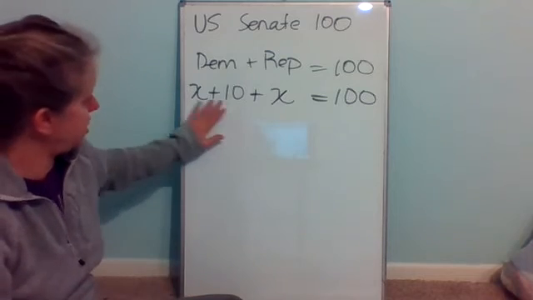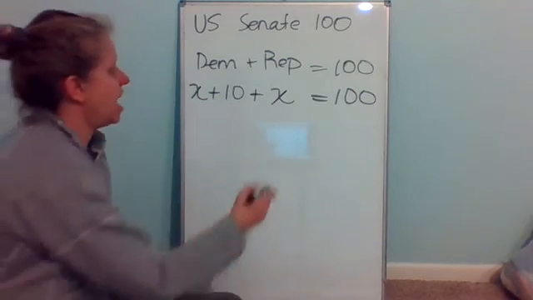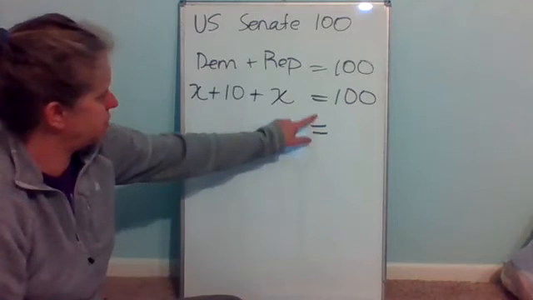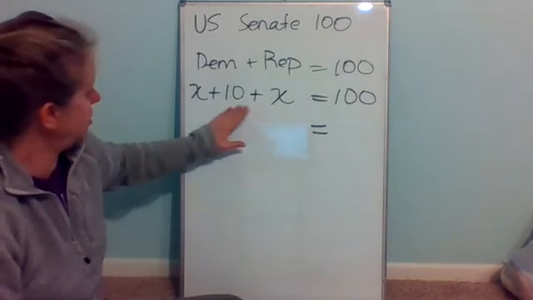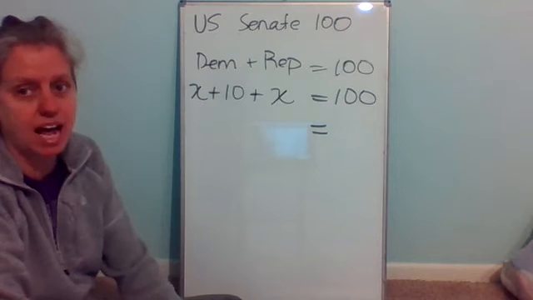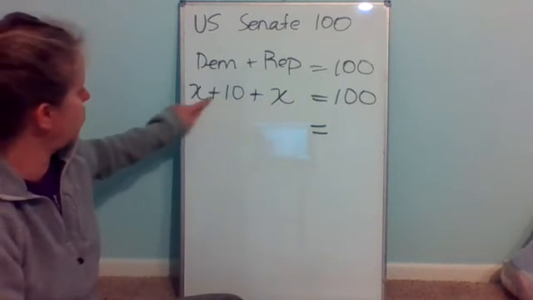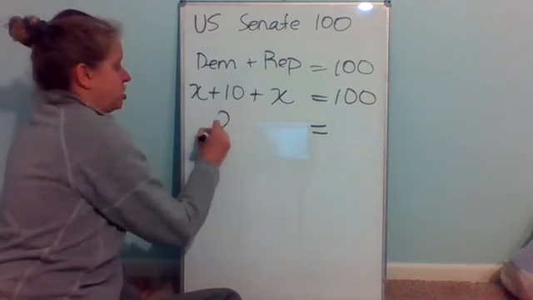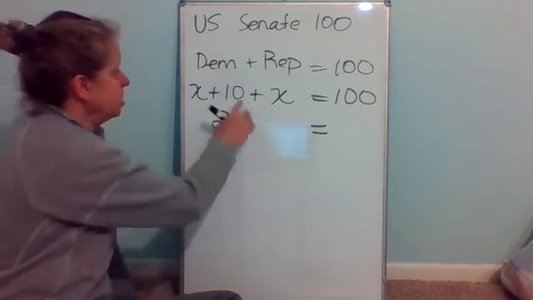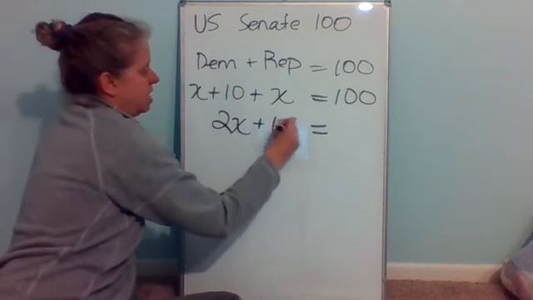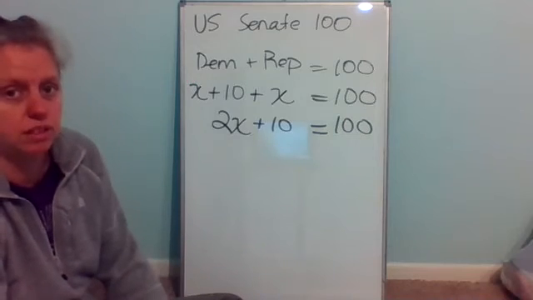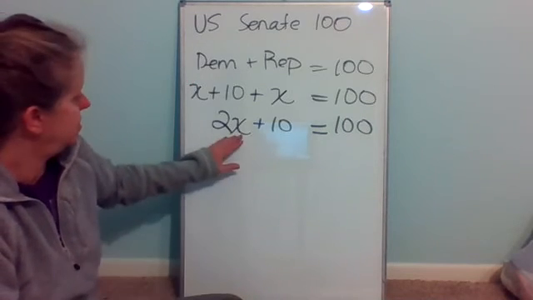So here's what you have. Now you have an equation with just X's represented. Here's my equal symbol. On this side of the equal symbol, I see multiple X's, so I want to put them in the same basket. I see one X here and one X here, so I actually have two X's on the left. Bring down my plus 10 equals 100.